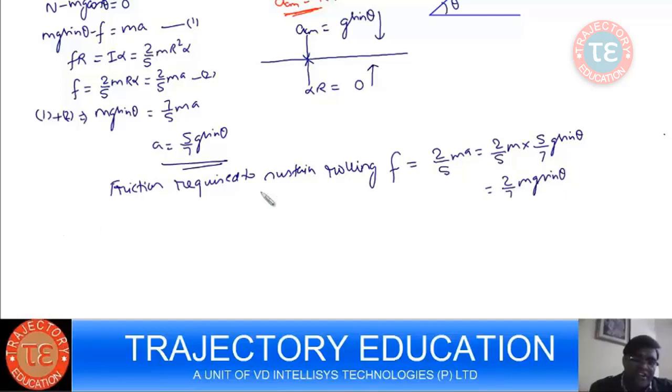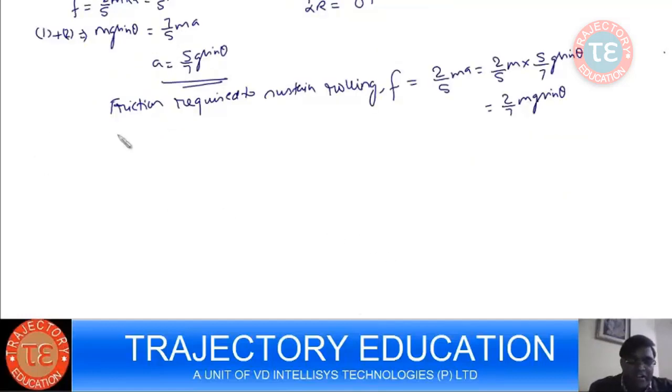This is the friction required to sustain rolling. In order to sustain rolling, this is the friction required.